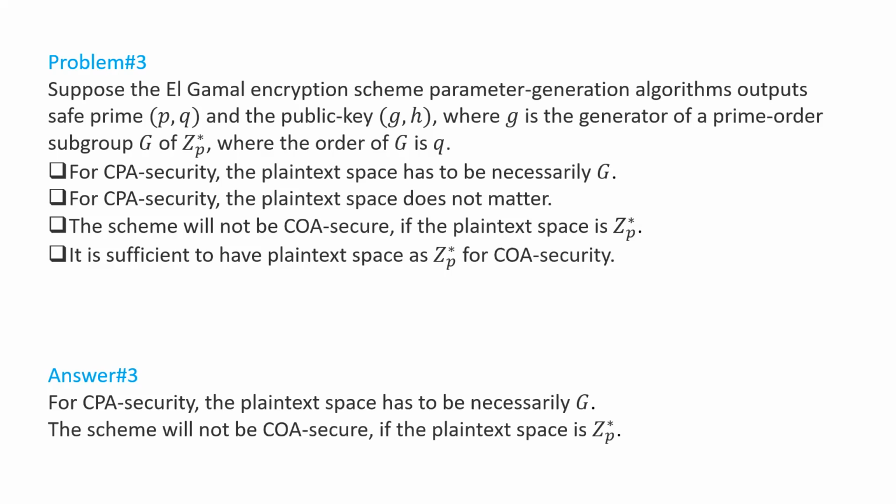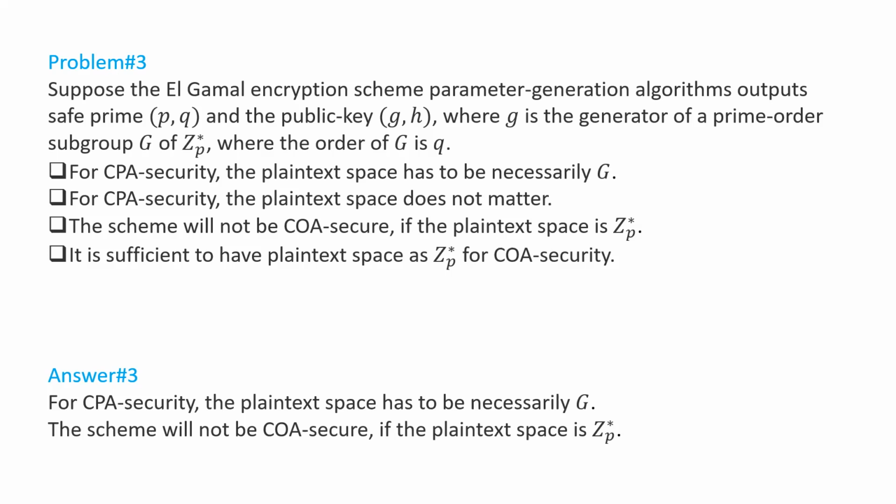Okay. So exploiting this fact, you can distinguish between the encryption of M0 and M1. Individually, the group ZP star satisfies the closure property, and the group G, which is a subgroup of ZP star, will also satisfy the closure property. But if you take some element from G and some element which is not in G but in ZP star, then after operating between them with the corresponding group operator, you get a result which must belong to ZP star, but you cannot guarantee whether that result will belong to G or not.